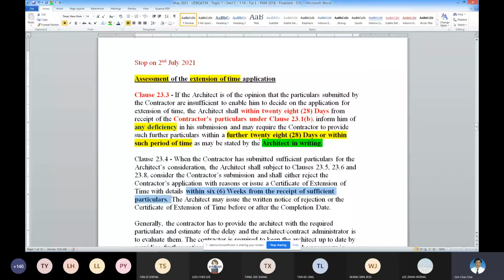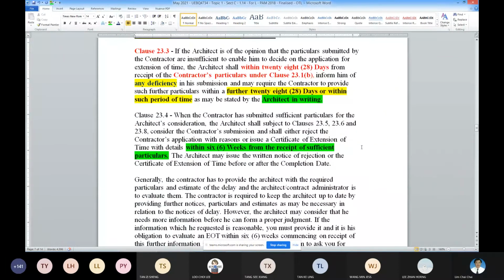Okay, so once the architect receives in full all the submission required, the architect will have to evaluate that EOT submission for that particular activity or task. Remember, EOT is for each item, activity or task.